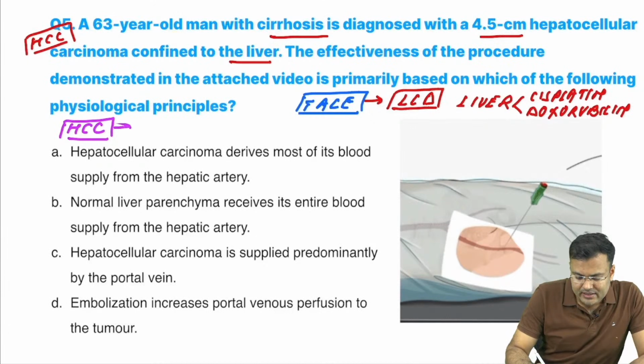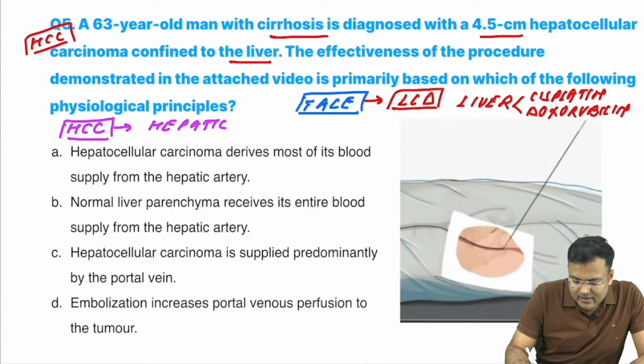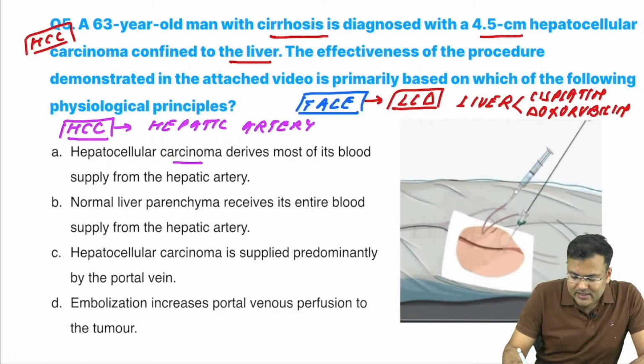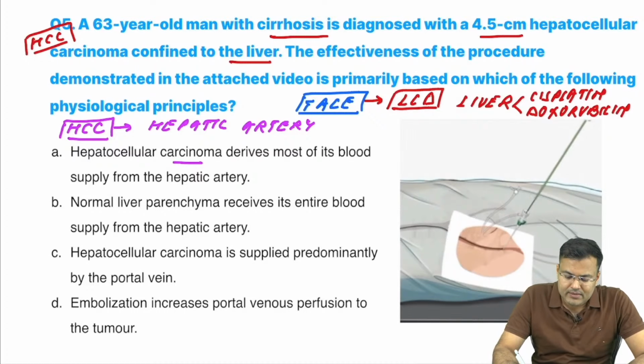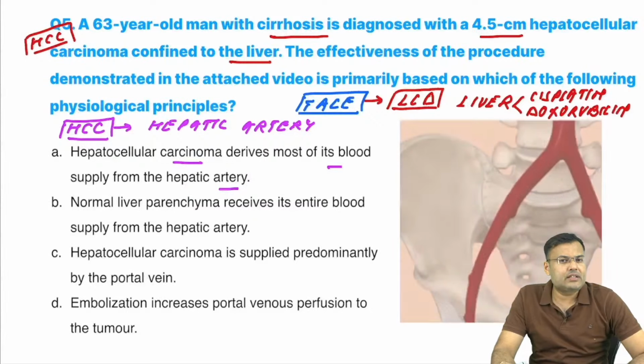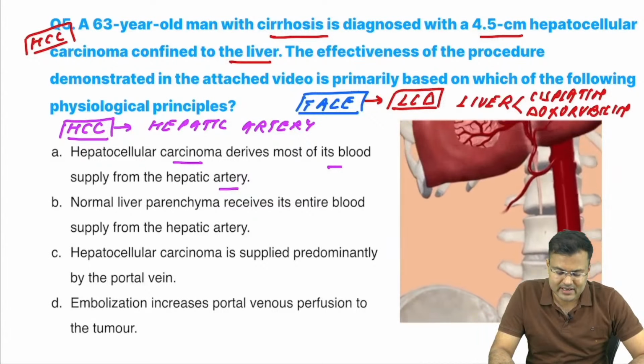HCC derives most of its blood supply from the hepatic artery.